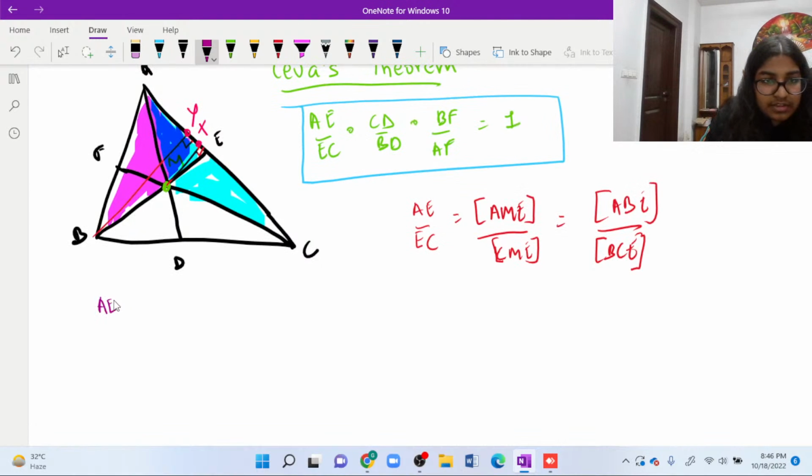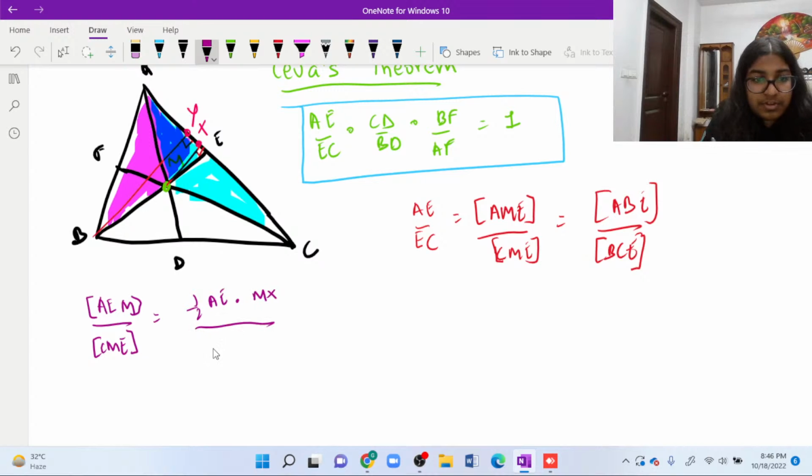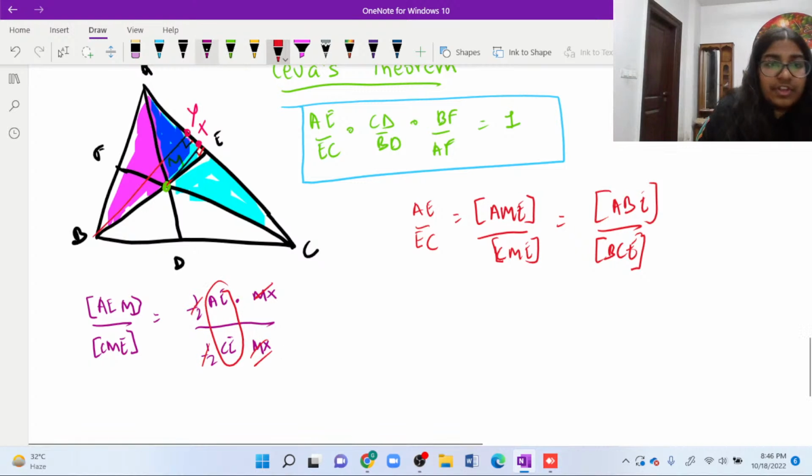Area AEM by area CEM equals half AE times MX upon half CE times MX, and clearly these two cancel out. So AE by CE is the ratio.